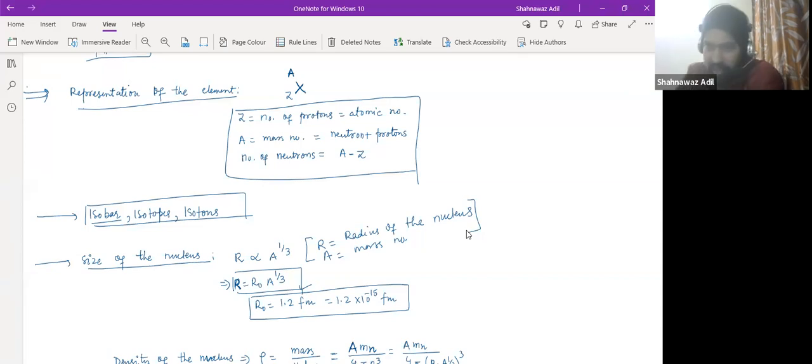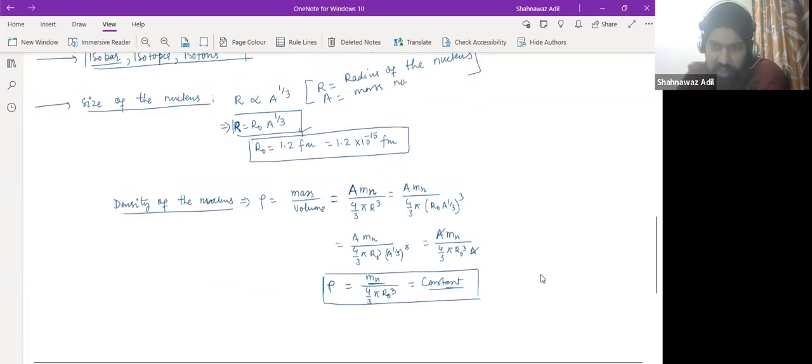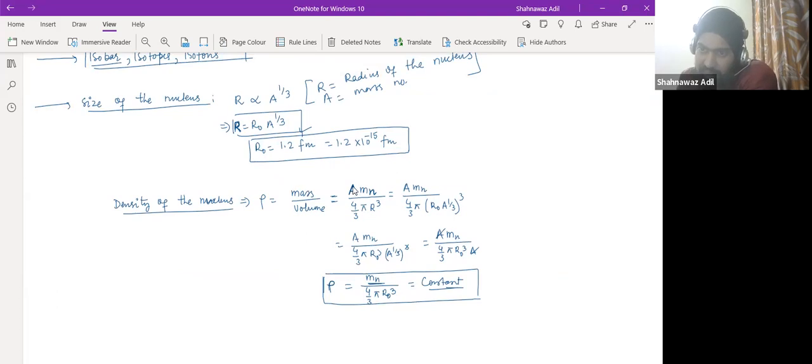Okay, so please note down this part, right? And here, A is again the mass number, and this is the mass of the neutron, right?